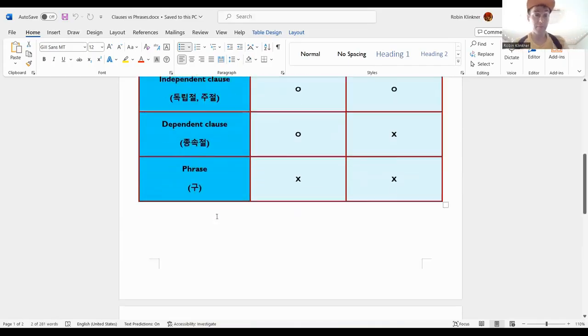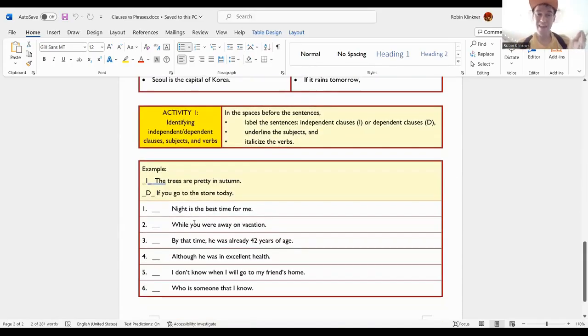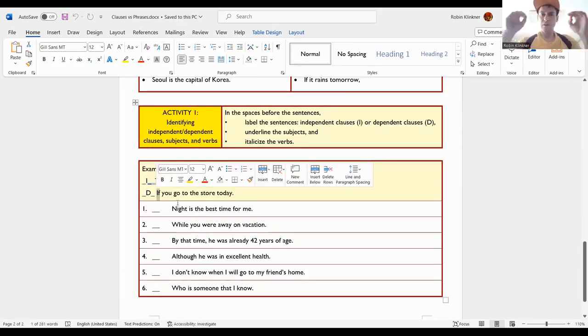So if is very simple. If the sentence or if the clause begins with a subordinate conjunction, such as if, it's dependent. So if you look at these right away, oh, that does not begin with a subordinating conjunction. It's an independent clause. Oh, that begins with the subordinating conjunction. It's a dependent clause. So that's a tip.